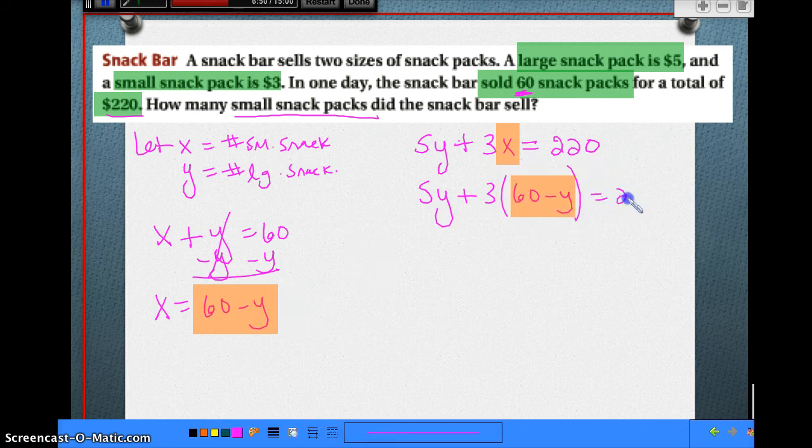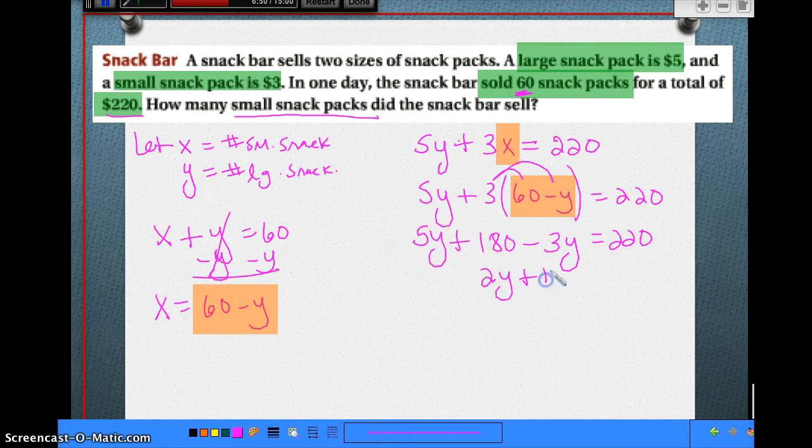Make sure you put it in parentheses because you're multiplying it by the whole expression, which forces us to use distributive property. So we get 5y plus 3 times 60, which is 180, minus 3 times y is 3y, equal to 220. Combining my like terms, I get 5y minus 3y is 2y, plus 180 equals 220.